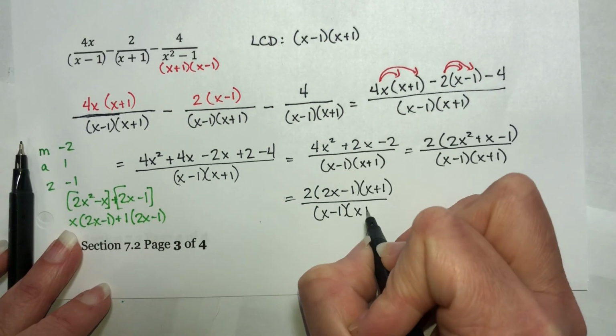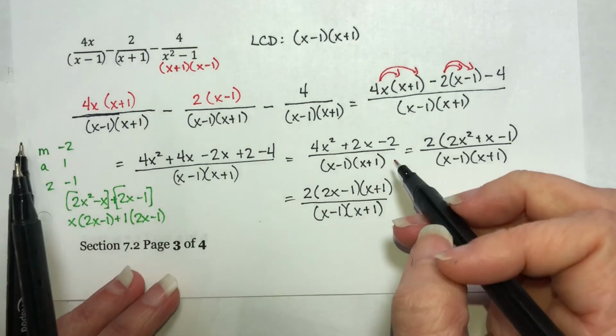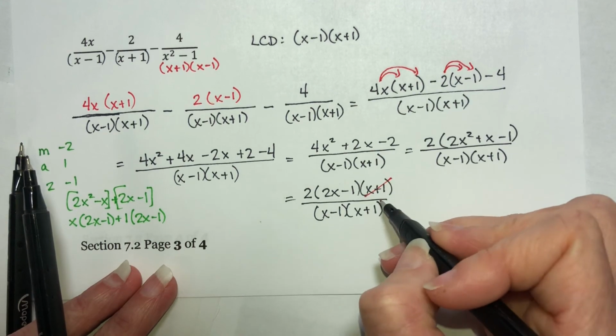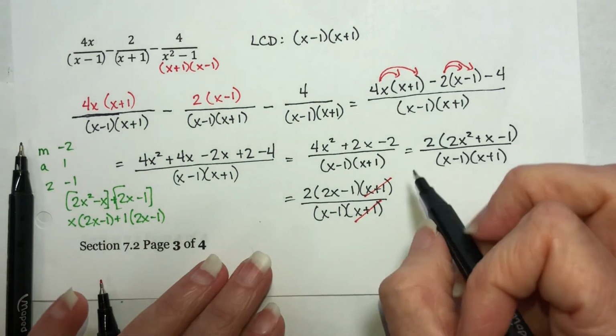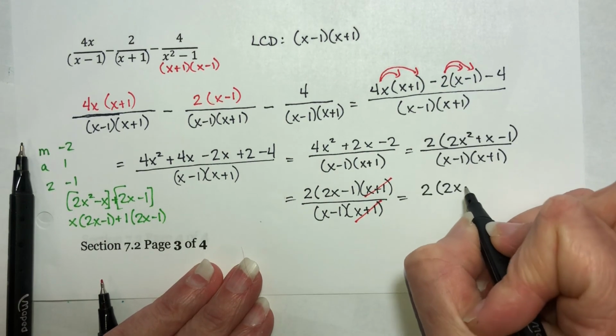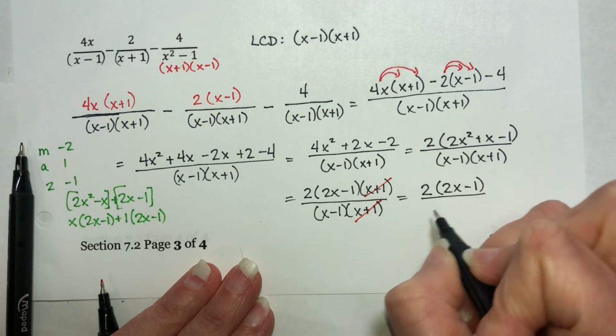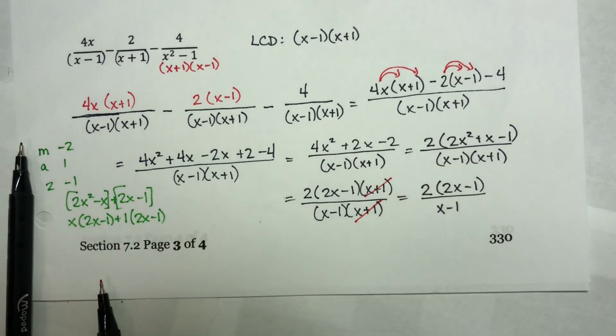And then recopy your denominator. And now if you look at this, you'll see that we can reduce the x plus 1s, and then nothing else cancels out. So your answer is 2 times 2x minus 1 over x minus 1. Now you can put the x minus 1 in parentheses if you want to, but it's not necessary. It is also not necessary for you to distribute through this top here.